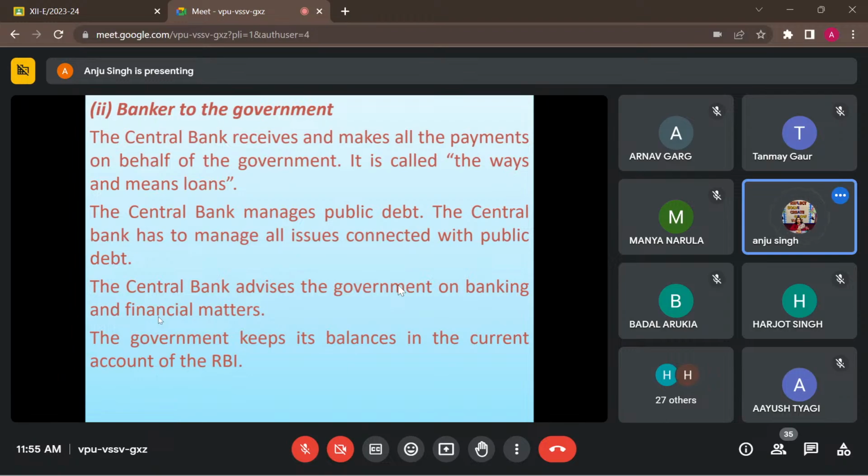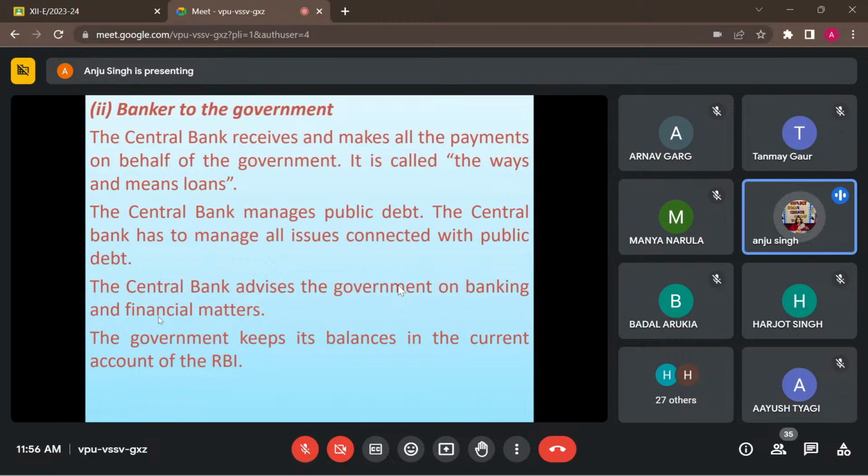It manages the loans taken by government for public interest. Then it also advises government on banking and financial matters, and it manages the current account balance of the government. If you see carefully, these are all those functions which commercial banks give to the common people, to the public.